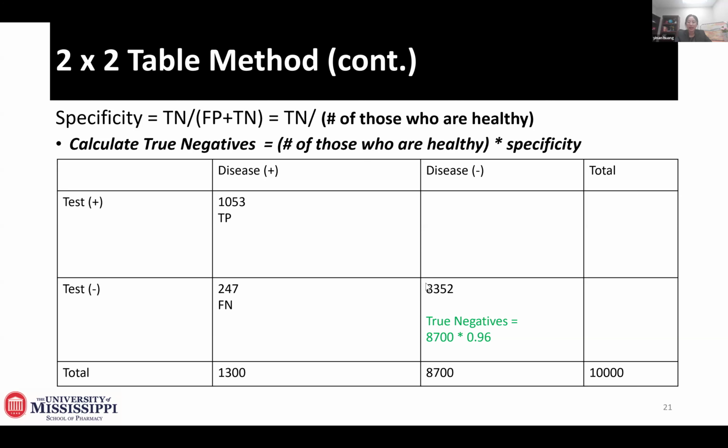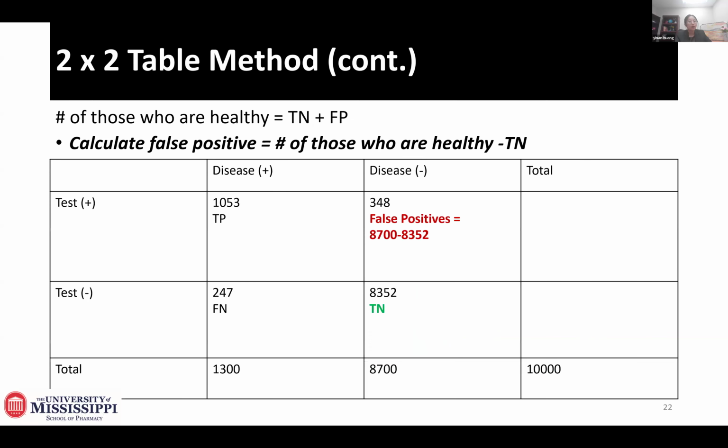This gives us 8,352 true negatives here. What about the false positives? False positive equals the total number of healthy people minus the true negatives.